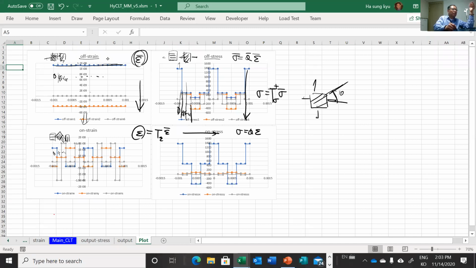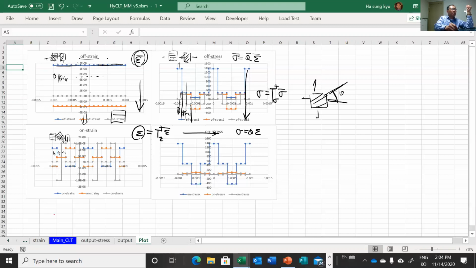But here, epsilon is different. Epsilon here, and the epsilon bar is this. Epsilon bar. Also, this is the A plus.